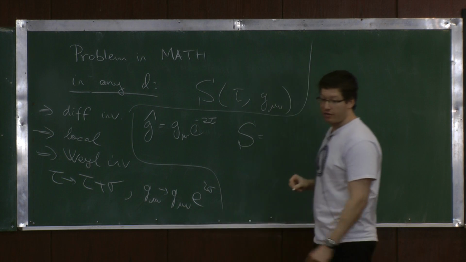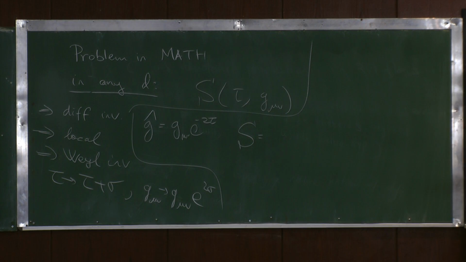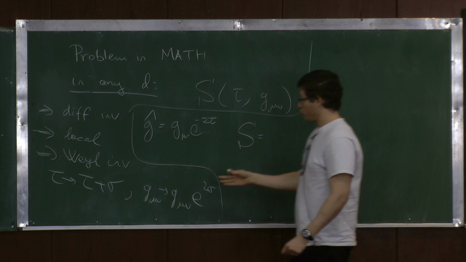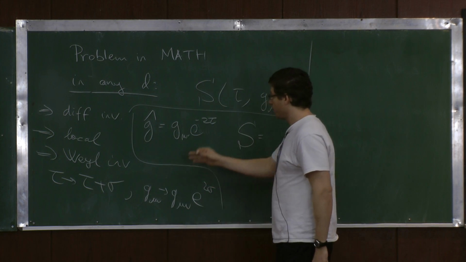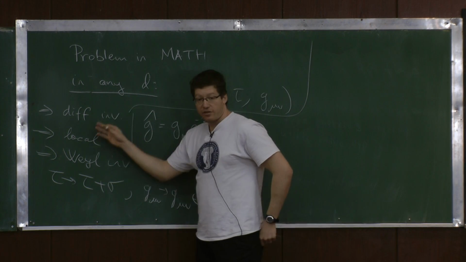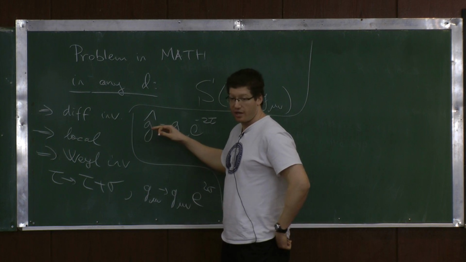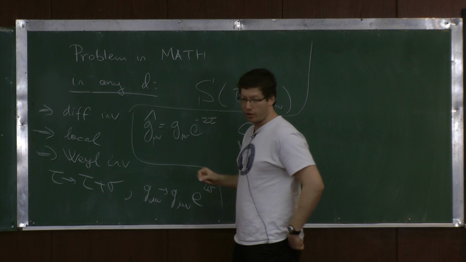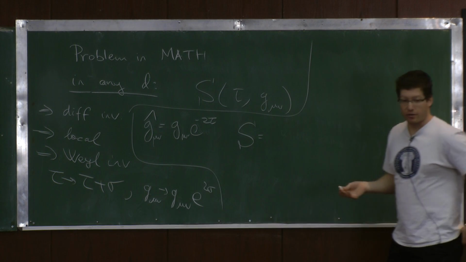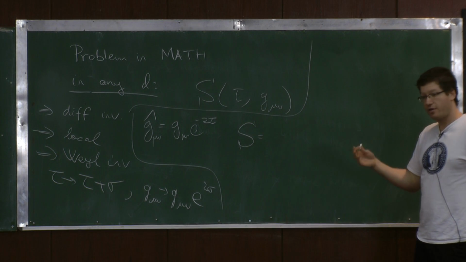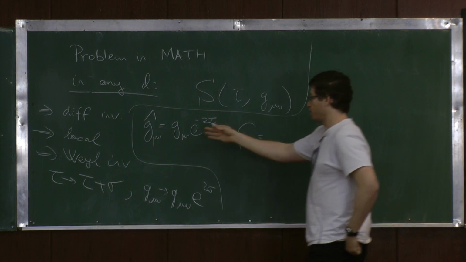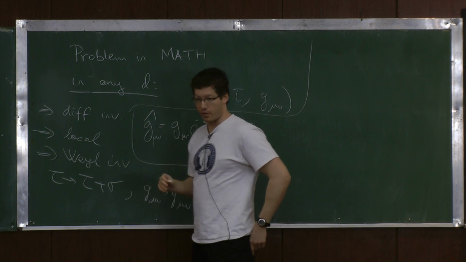You see that this g hat is Weyl invariant by definition. So in order to satisfy these three requirements, it's enough to write actions for g hat, treated like an ordinary metric, which are diff invariant. So if you have a diff invariant action for g hat, then you've satisfied all the three requirements.